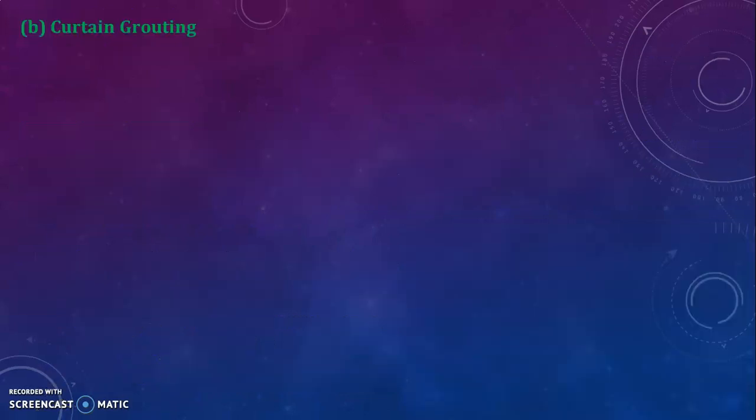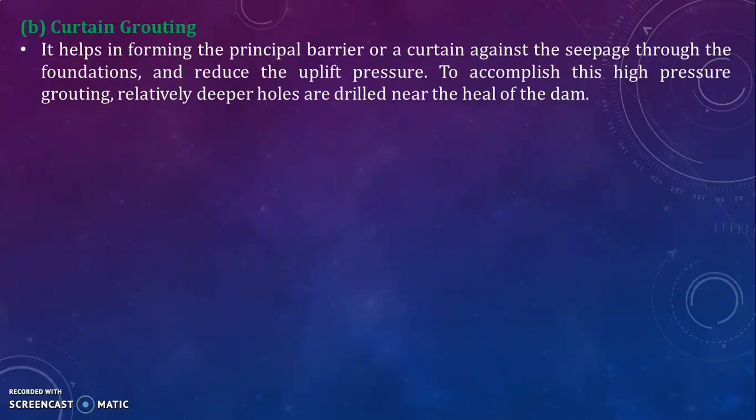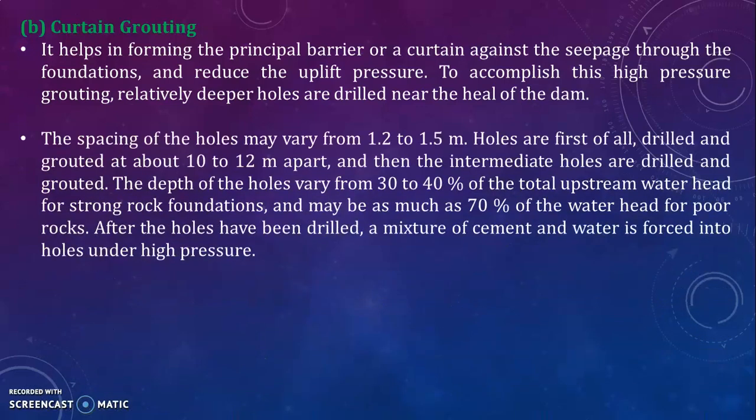The second one is curtain grouting. It helps in forming the principal barrier or a curtain against the seepage through the foundations and reduces the uplift pressure. To accomplish this high pressure grouting, relatively deeper holes are drilled near the heel of the dam. The spacing of the holes may vary from 1.2 to 1.5 meters.